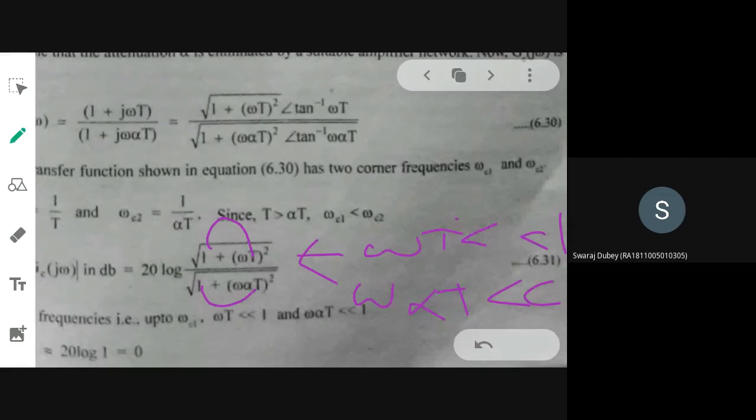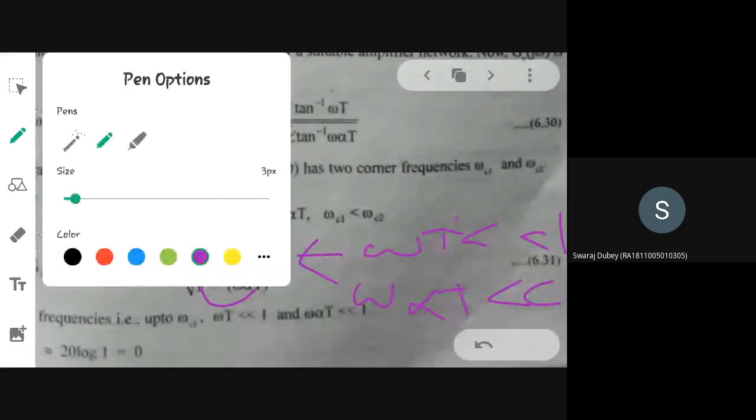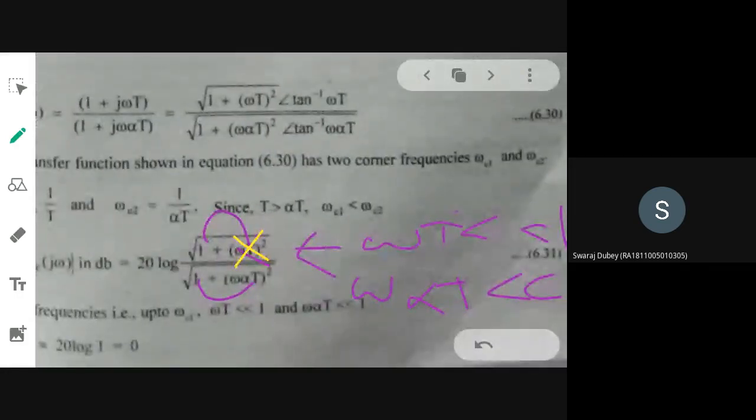Omega T. You can eliminate omega T from the numerator and omega alpha T from the denominator. So the answer for the magnitude for the first case will be 20 log 1. So what is 20 log 1? 0. So the first case is 0 dB. So the curve will be starting from 0. Okay. Then it will be an ascending slope.